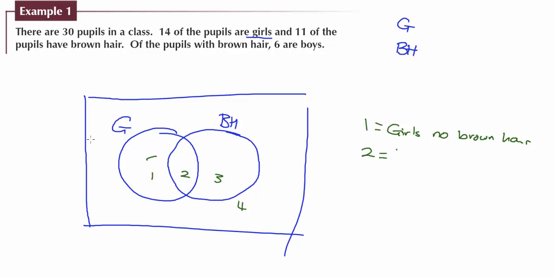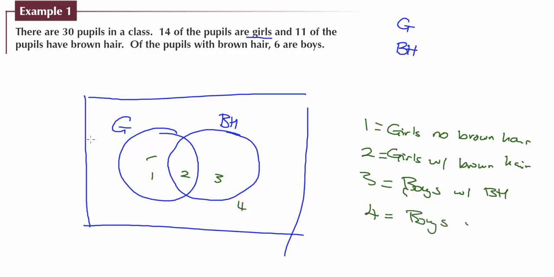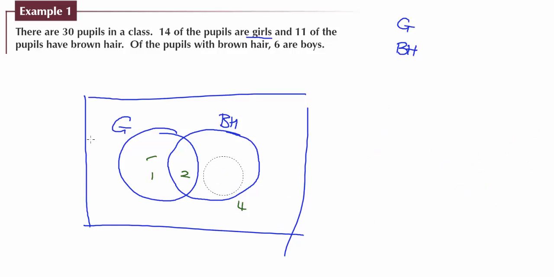Number 2, girls with brown hair. Three would actually be boys with brown hair. You can think of it as not girls and brown hair, but basically it's boys with brown hair. And 4, it's boys without brown hair. Does that make sense? Anyway, that's just for side notes.